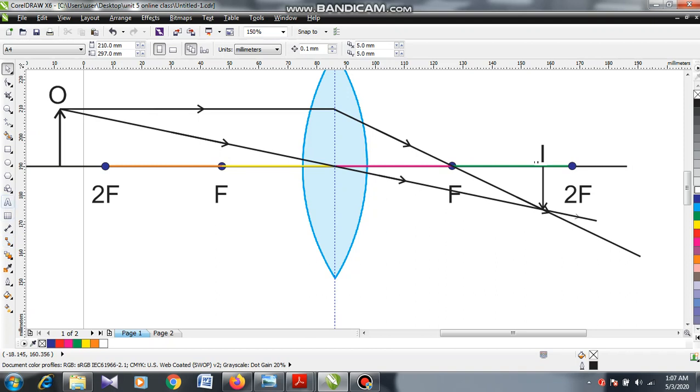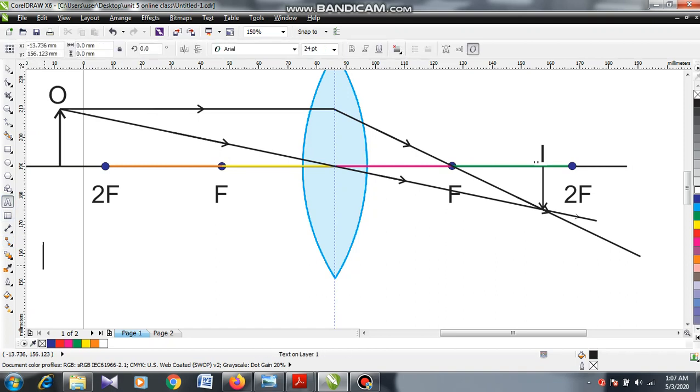Look at the image. One property: it is smaller than the object. I am writing the image properties here.